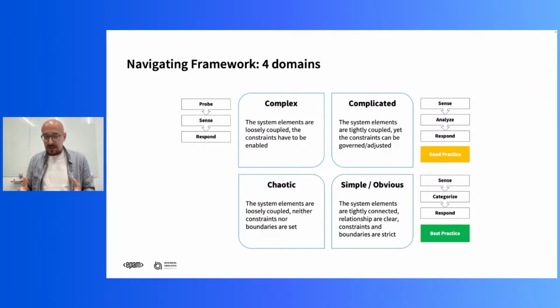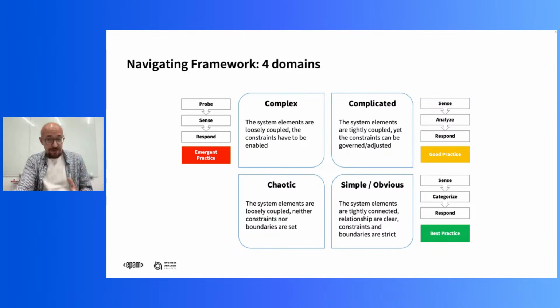By making experiments and trying things out, we sense how the system responds and decide if we are moving in the desired direction or not. Hence, we call this the emergent practice.